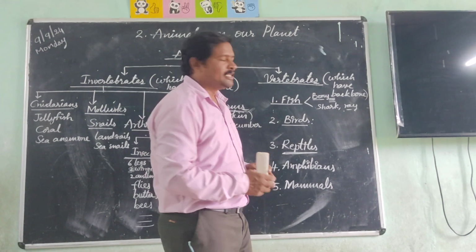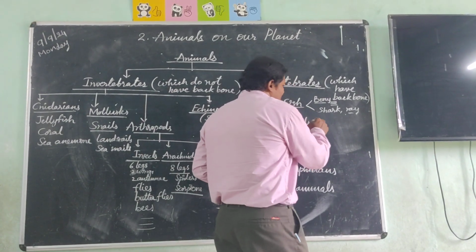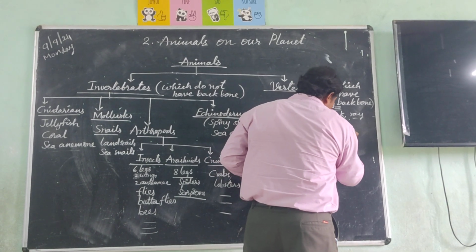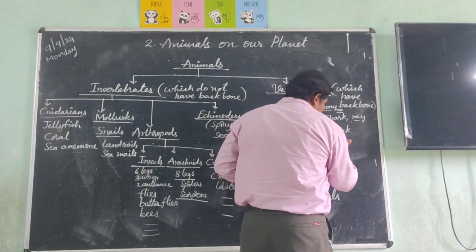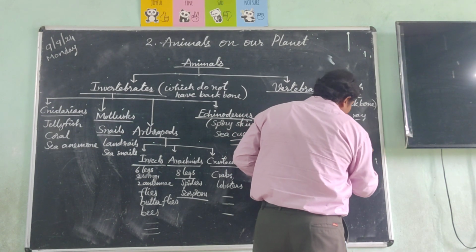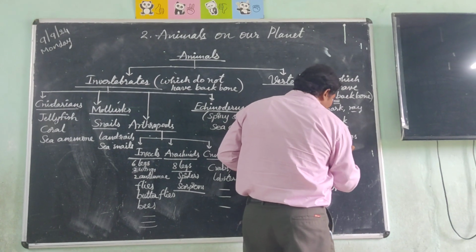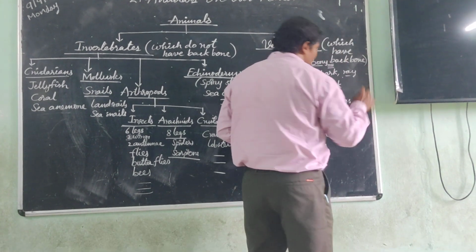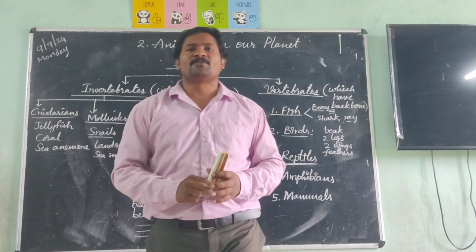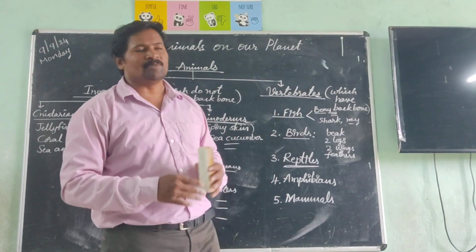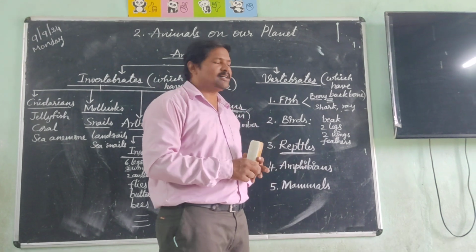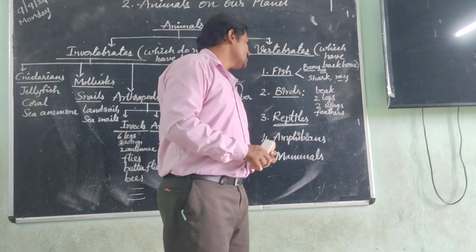People say this. Birds have special features. They have one beak, two legs, and two wings, and the body is covered with feathers. These feathers protect the body from different atmospheric conditions, maybe warm or cold conditions, or even from wet.